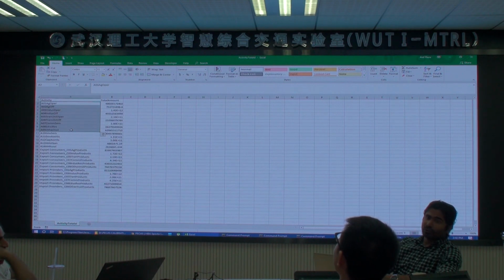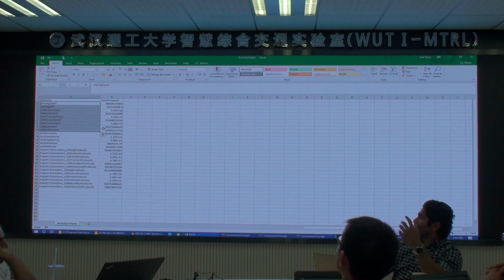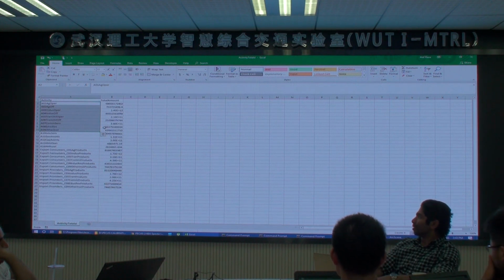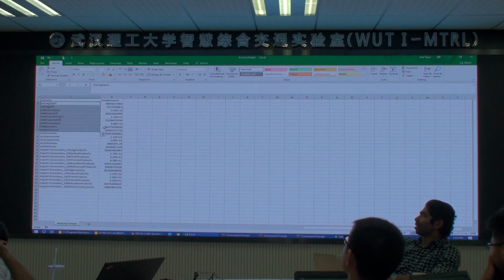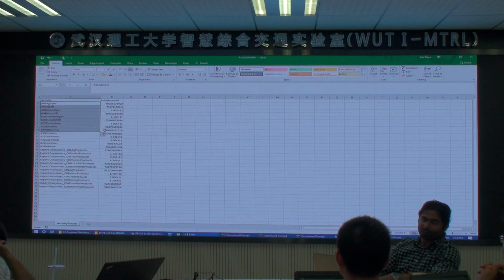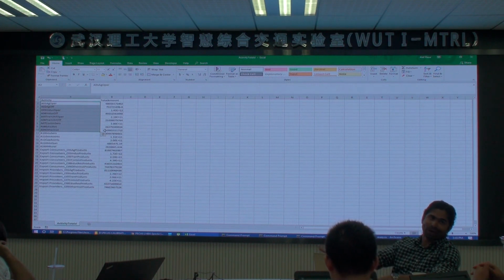So if you are expecting 6% or 7% GDP growth every year, you can find these total numbers using the GDP growth values from the census or the forecasting done by the central bank or whatever organization we have.